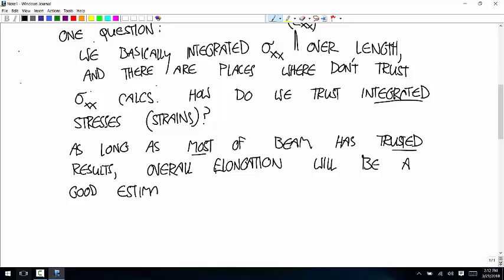And I say elongation, but it's the same reason that we're going to trust our answers for flexion and twist and all that stuff. The stuff we don't trust is going to give us small answers, and it won't mess up the overall answers. Okay.